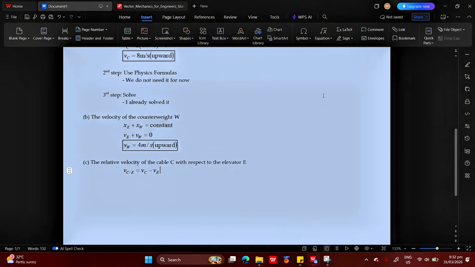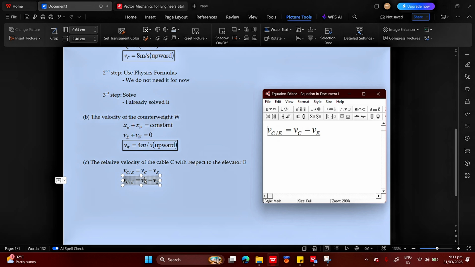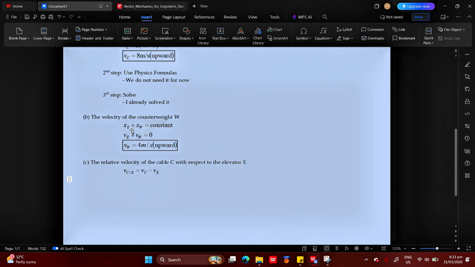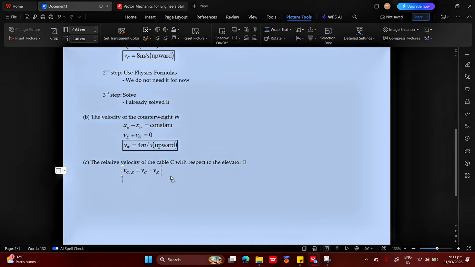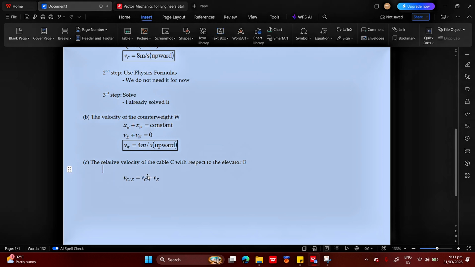That's what it means. But since this is my introductory video, if you encounter a given where velocity C is moving along the y-axis and velocity E is moving along the x-axis, the relative velocity between the two is the hypotenuse. It's the vector difference between the two, so it is not actually directly subtracting.